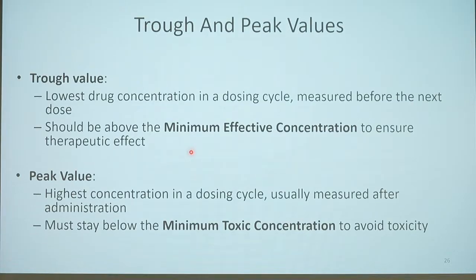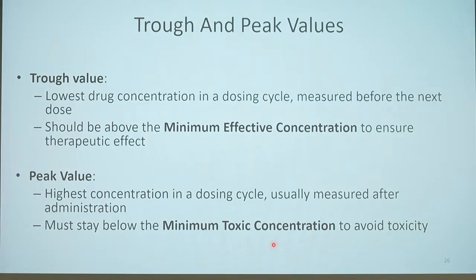So during a dosing cycle for our patients, we need to know the minimum effective concentration and the maximum toxic concentration of a drug. And of course, we're just trying to find the therapeutic range.